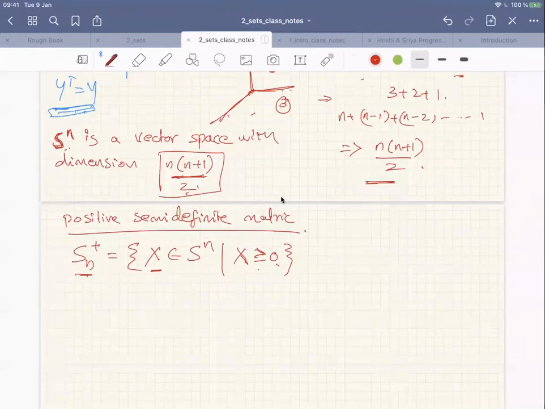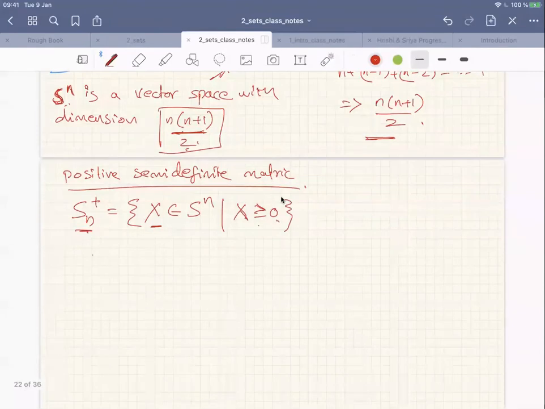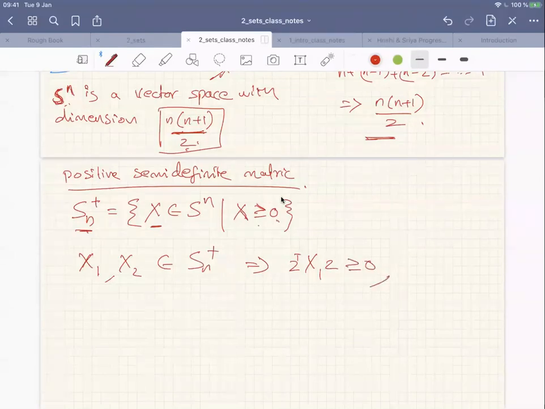Now, let's take two matrices, x1 and x2, which belong to Sn plus. What does this mean? We can write that for any z, z transpose x1 z is greater than or equal to 0, and z transpose x2 z is greater than or equal to 0, right?